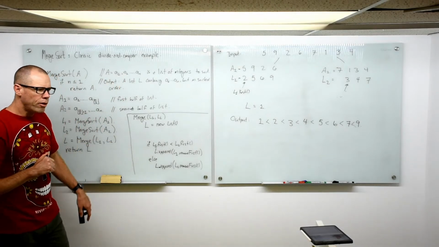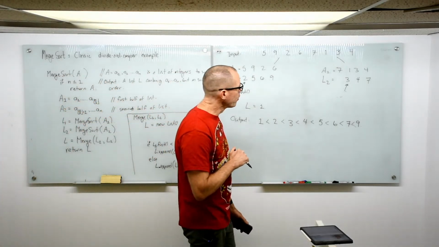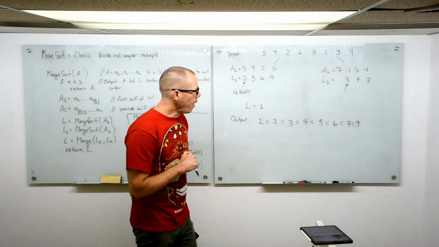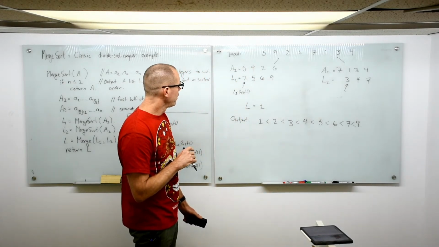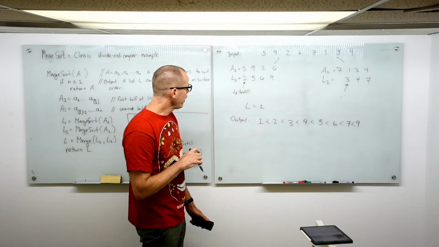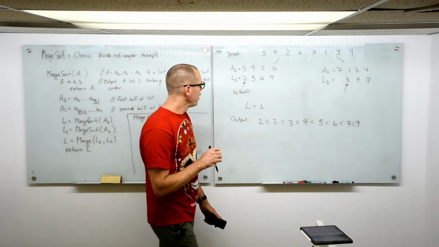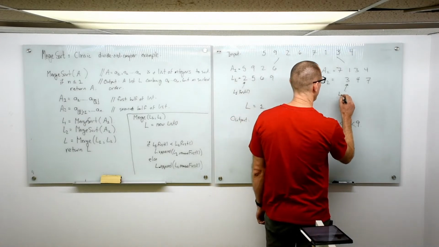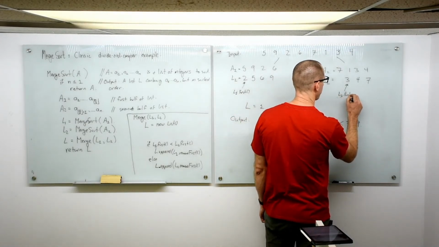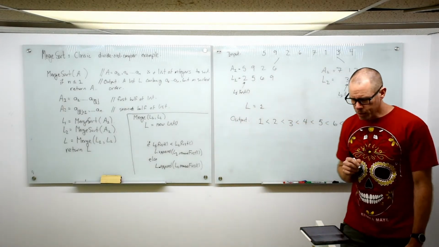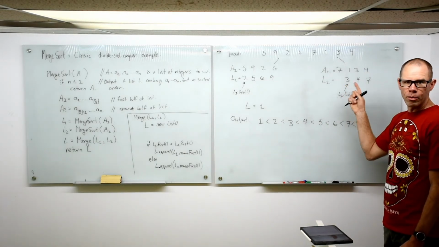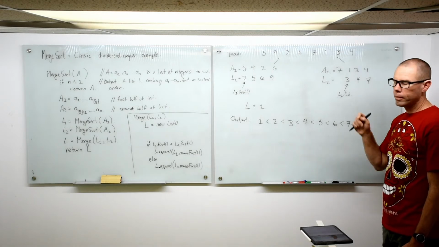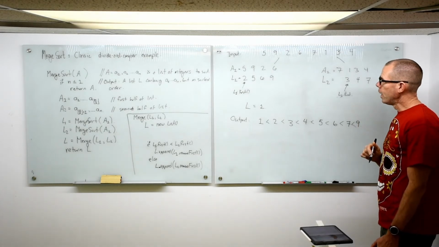But there are a couple of other things we have to worry about. Already you can see that if we do this for a while, we'll get into a situation where maybe we run out of elements in one of the lists.